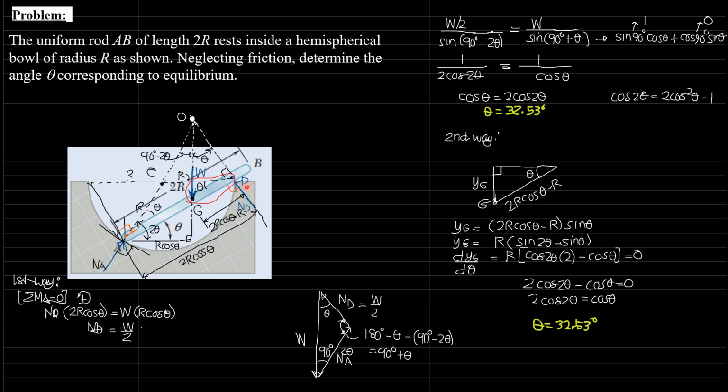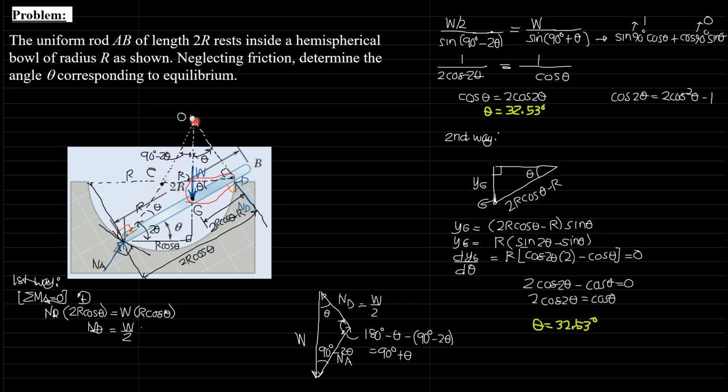I'll call that point D. Because there are three forces on this body, the three forces must be in equilibrium, and they should form this triangle or force polygon, which closes. So that's NA. Then this normal, just like the normal to the tangent of a circle, passes through the center of the circle when extended.